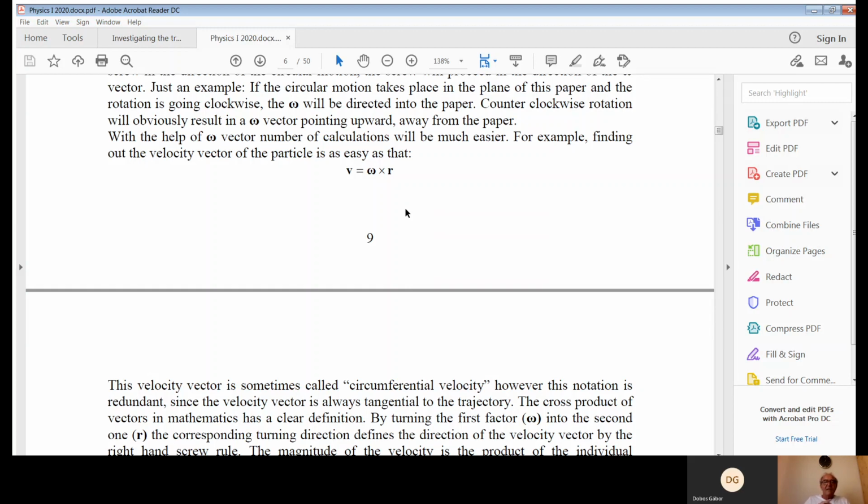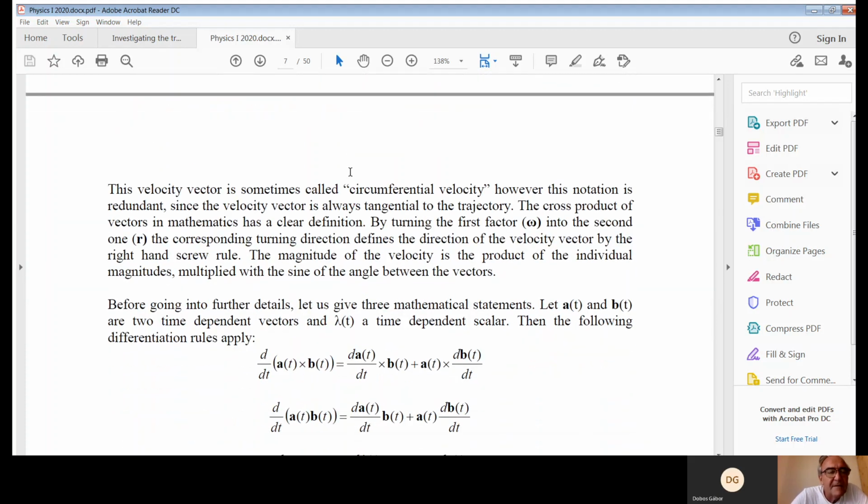As we know, let's take the first factor, omega, and turn it to the r, the second component, and this turning will define the rotation, and this will define the velocity. Omega cross r will be the velocity of the particle. The velocity vector is sometimes called circumferential velocity, but it's not necessary to say because all the velocities are circumferential.